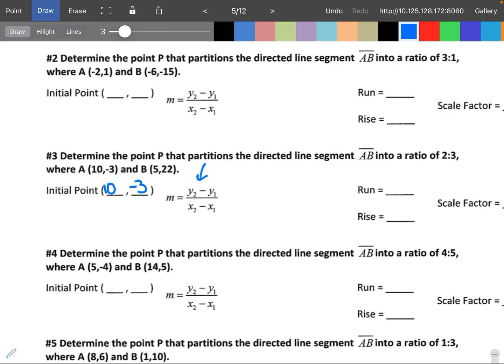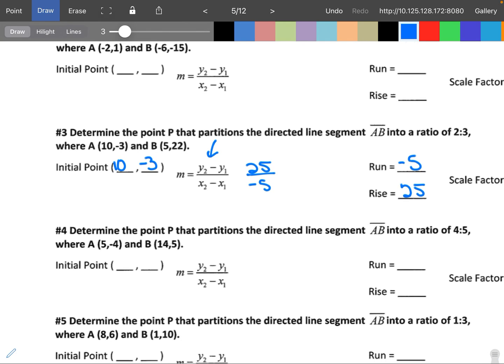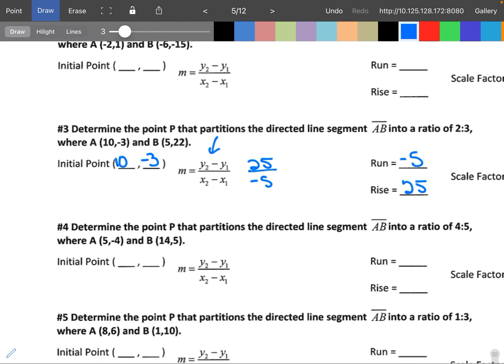So here, if I did 22 minus a -3, I'm going to get 25, and 5 minus 10 will give me a -5. My run is the denominator, my rise is the numerator, and I already did my scale factor of 2/5. So when I put that into the formula at the bottom of this page, my initial point is 10.